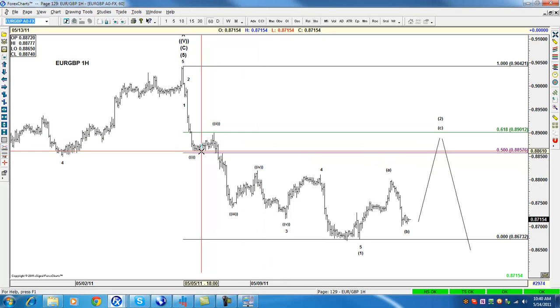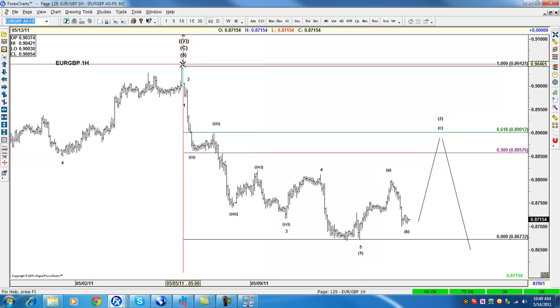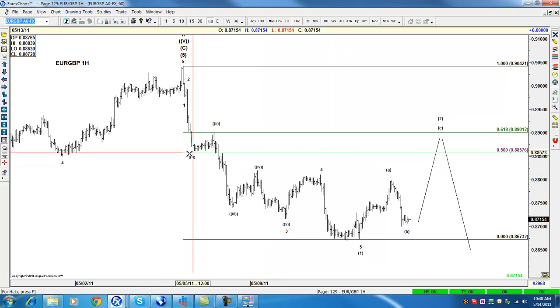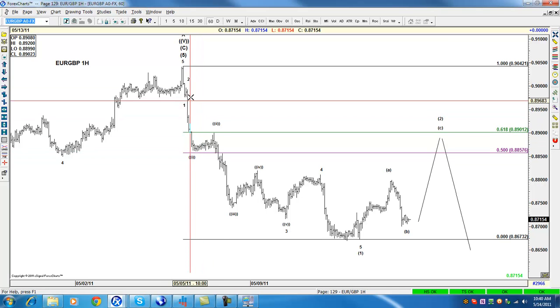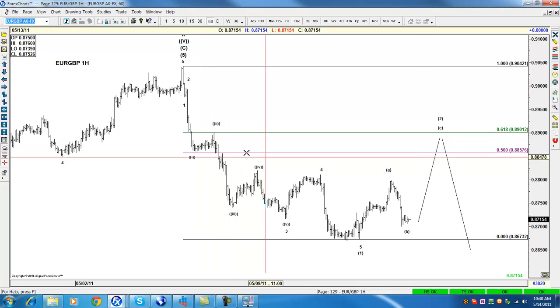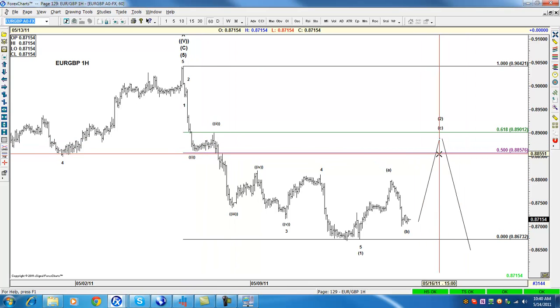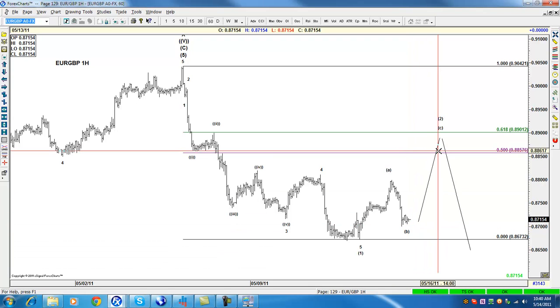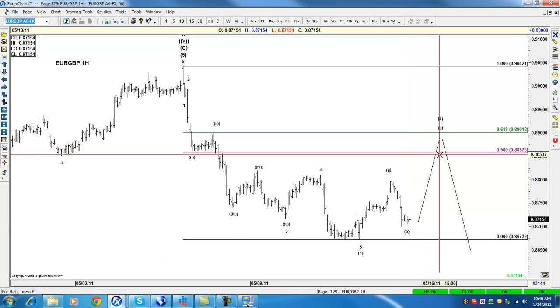Usually when you got in Elliott wave an extended one, like when you got this right here, the one was either extended. You should get, usually when you get an extended one, the wave 2 ends around the wave 2 of the previous degree.